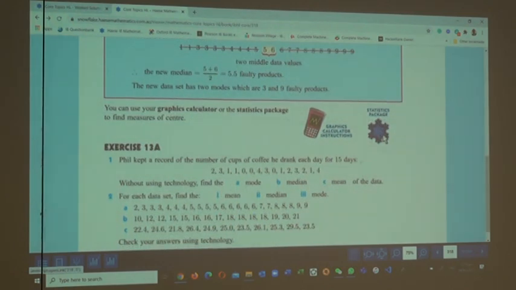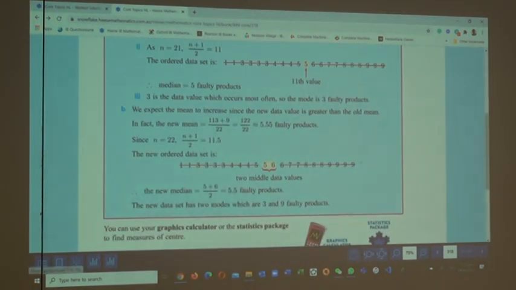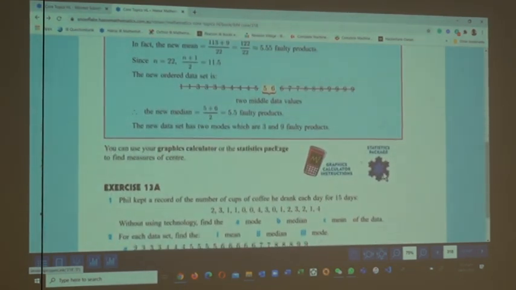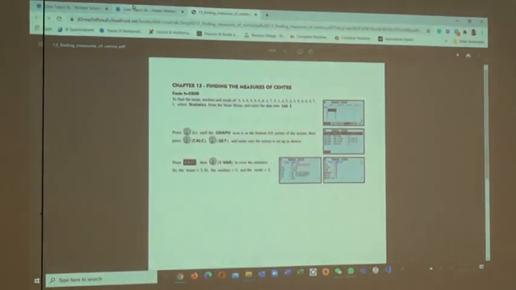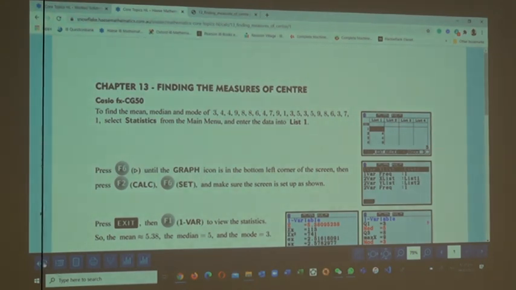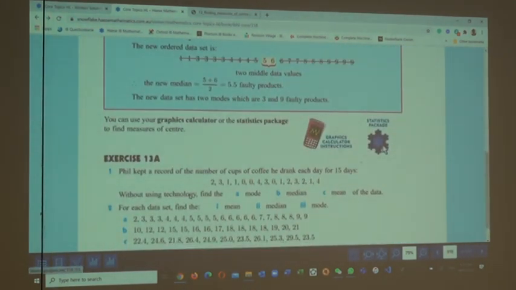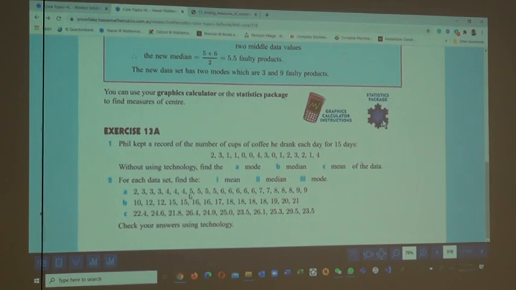Okay. Now, I sent you a picture on WeChat of the calculator steps. Maybe we can project it also. Because I'm going to want you to try to use your calculator to calculate this mean. This is not the question I gave you.